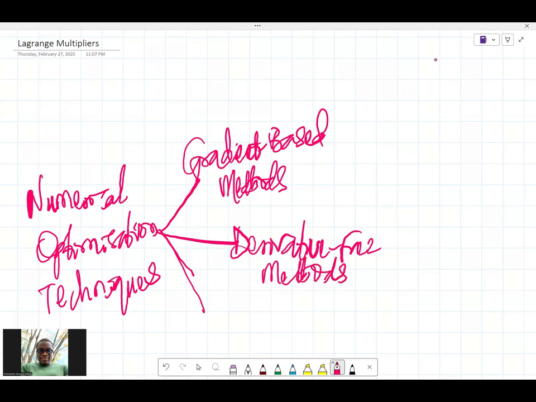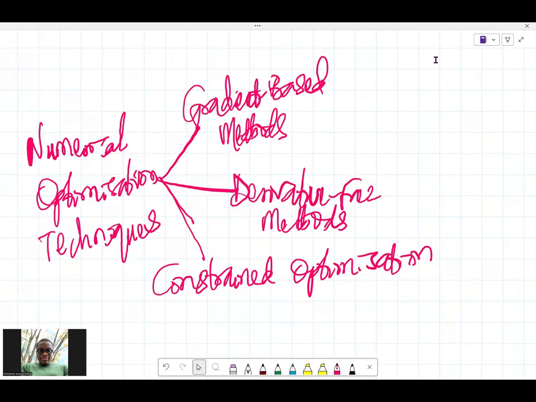And now our attention goes to constrained optimization methods.